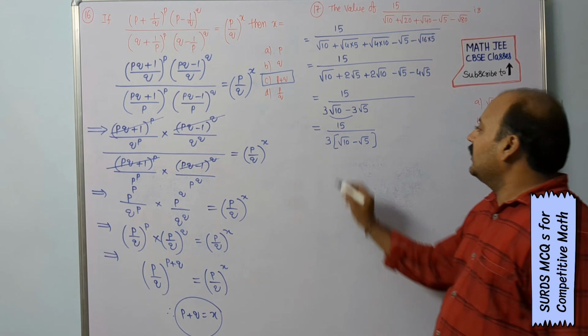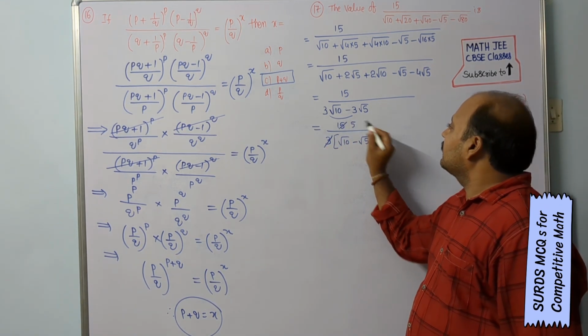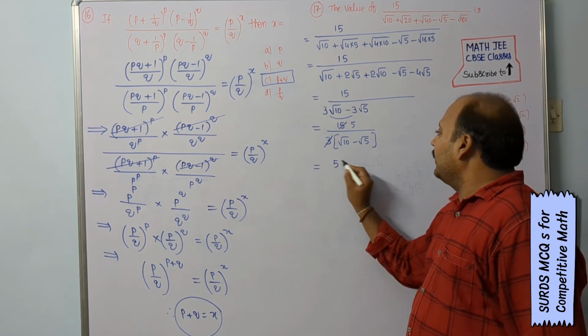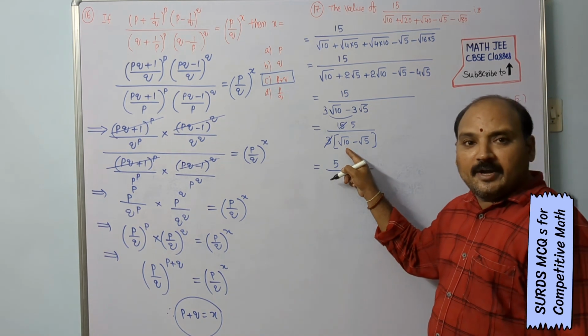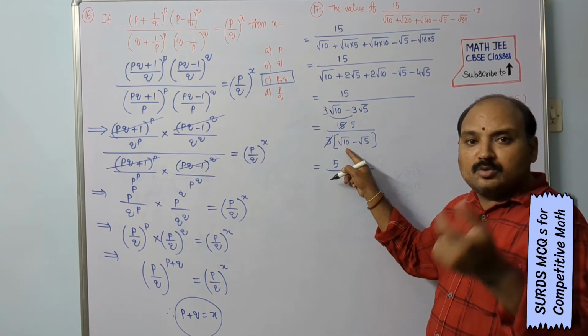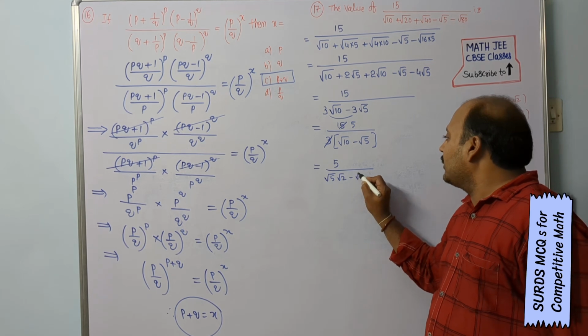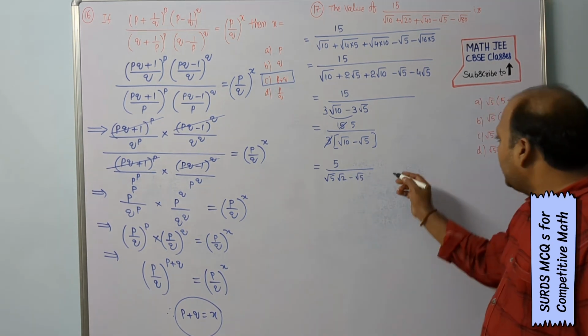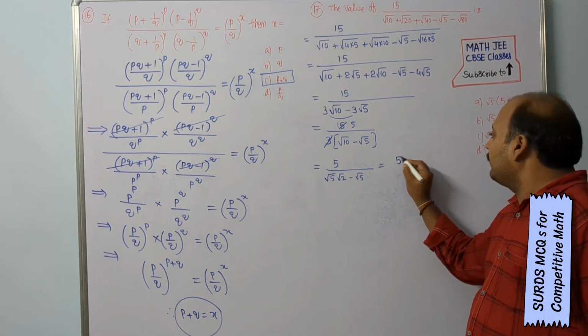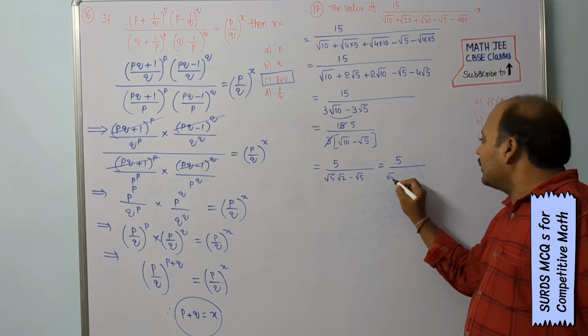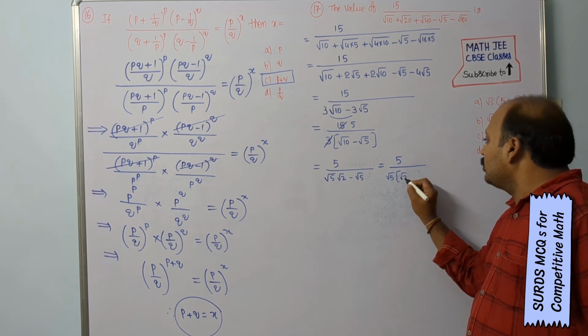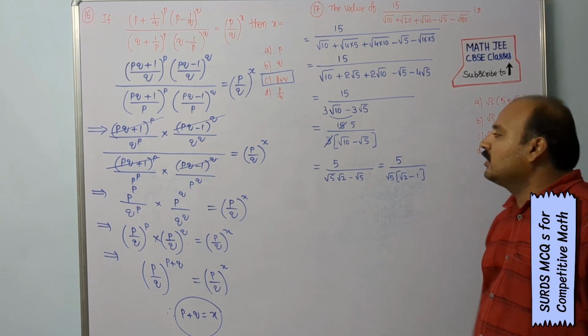So by 3, 3 ones are 3, 3 fives are 15. So 5 divided by root 10 can be written as root of 5 into 2. So root 5 into root 2 minus root 5. That also can be written as 5 divided by root 5, take common, into root 2 minus 1.